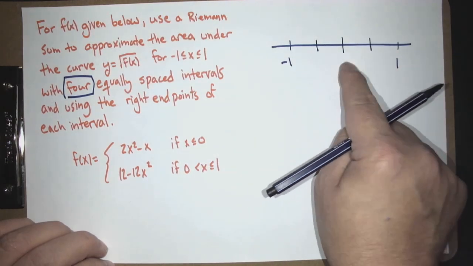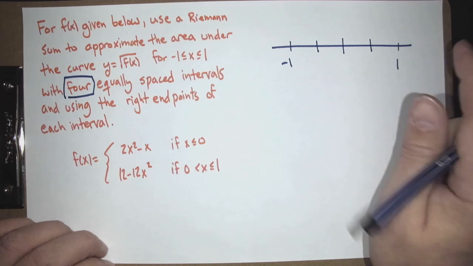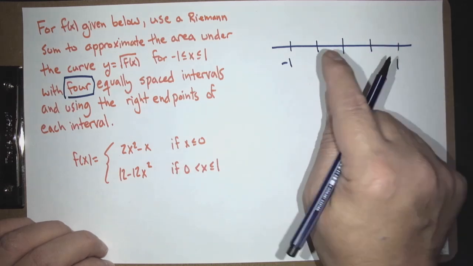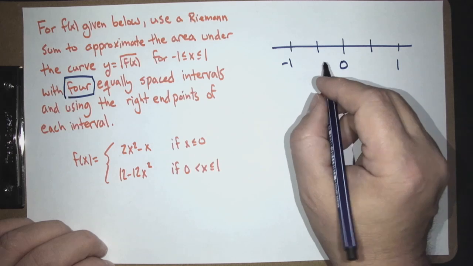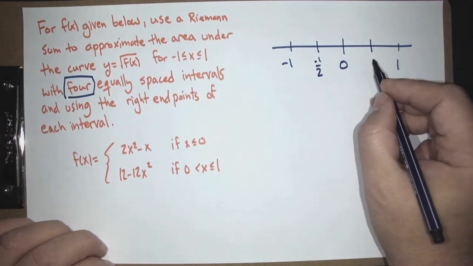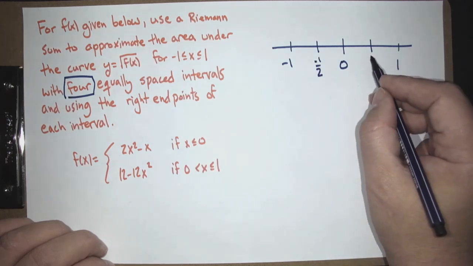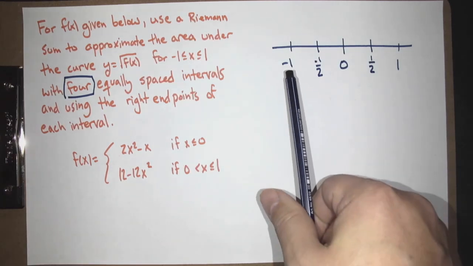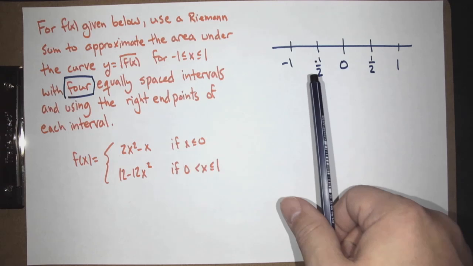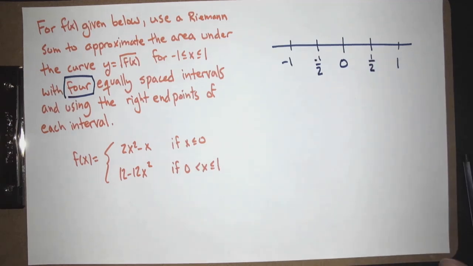Well, let's figure out what's halfway between -1 and 1. 0. Okay, how about this point? Where is that? -1/2. And here? +1/2. Okay, so we've cut or split the interval from -1 to 1 into 4 equal slots, 4 equal sub-intervals.